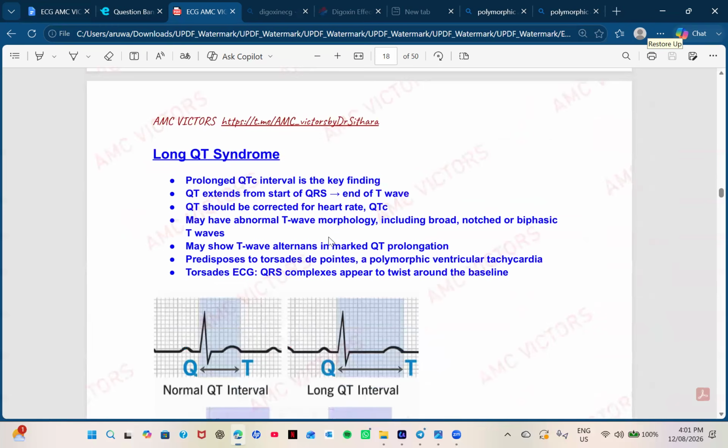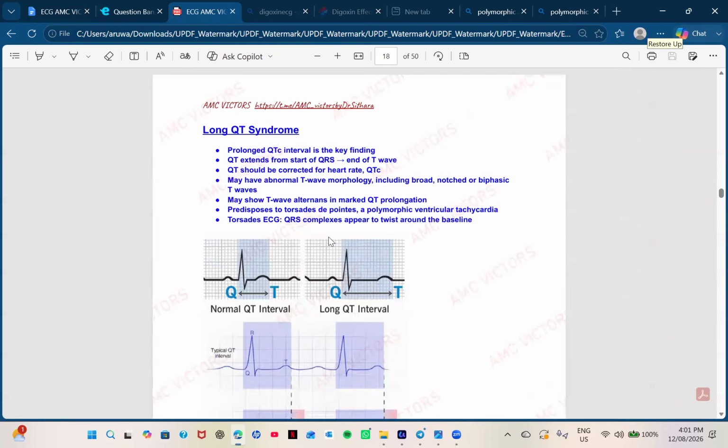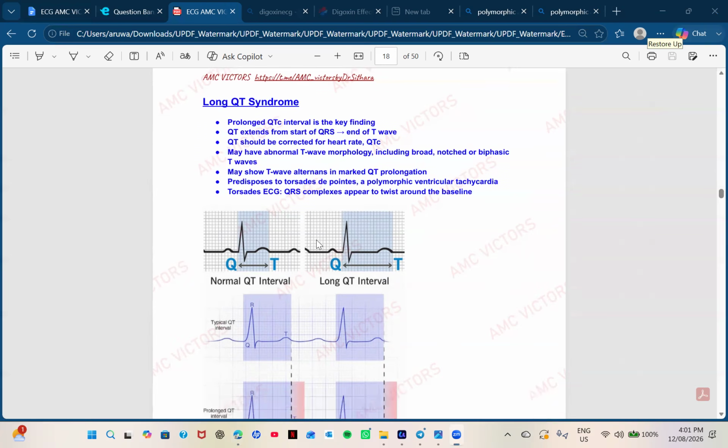Okay, next we'll discuss long QT syndrome. What do you know about long QT syndrome? I'm not explaining the management because we can get the management while doing these questions.